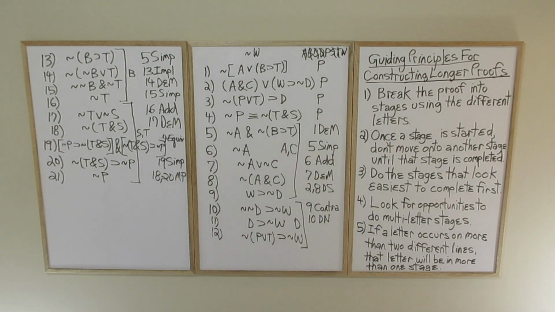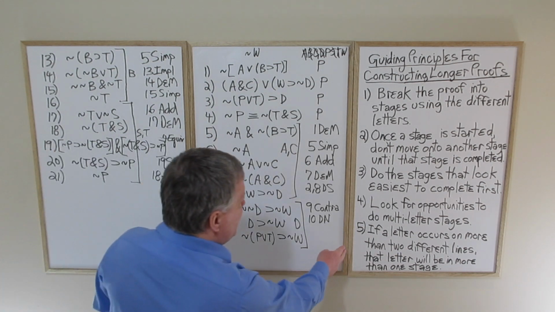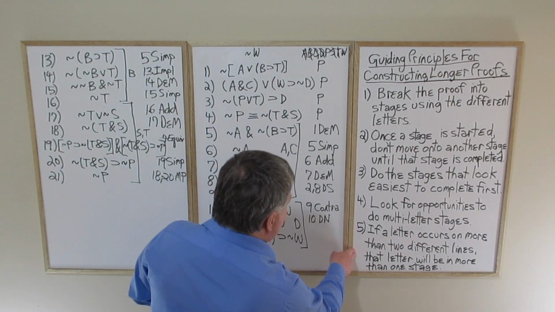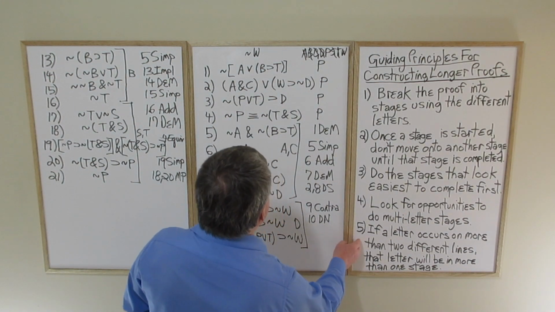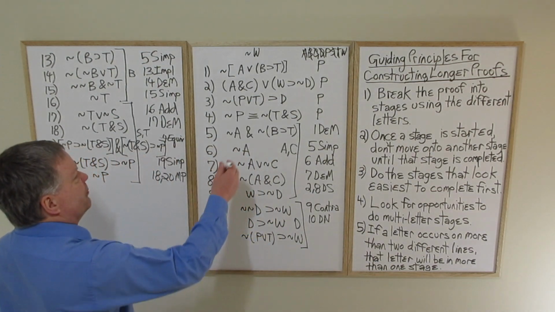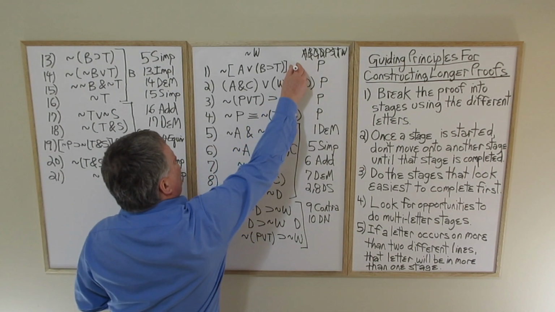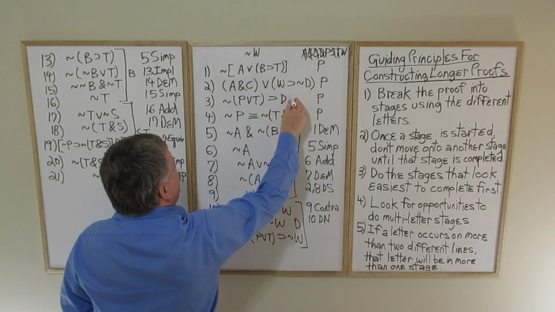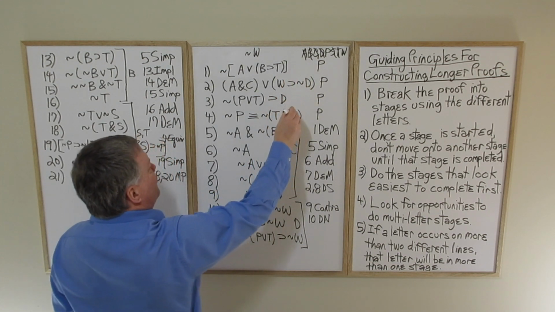So all that remains is the P stage, which will give us the W related information. It's going to turn out, however, that there's going to be two different stages where T-related information comes into play, because if you notice, there's T-related information in the first premise, T-related information in the third premise.